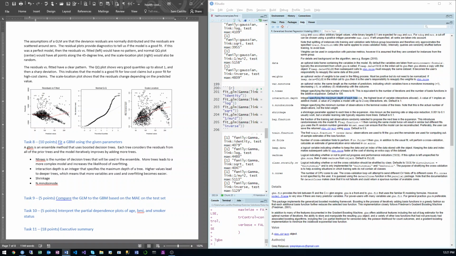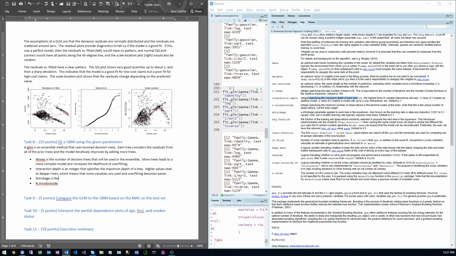Just imagine that you had a linear model. If you added in more predictors, it's easier to overfit. If you have a decision tree that's taller, then you have more splits, which means that you have more variables in the model.